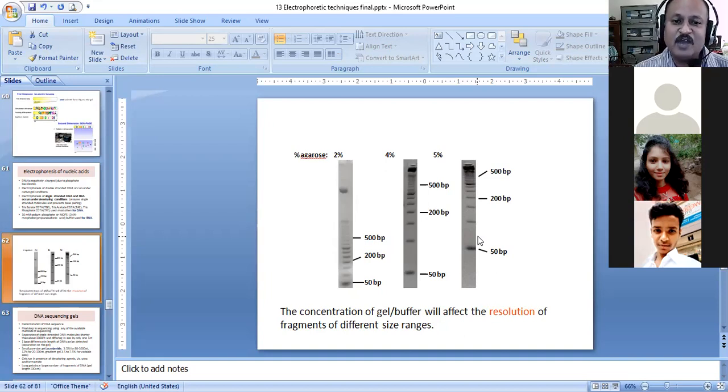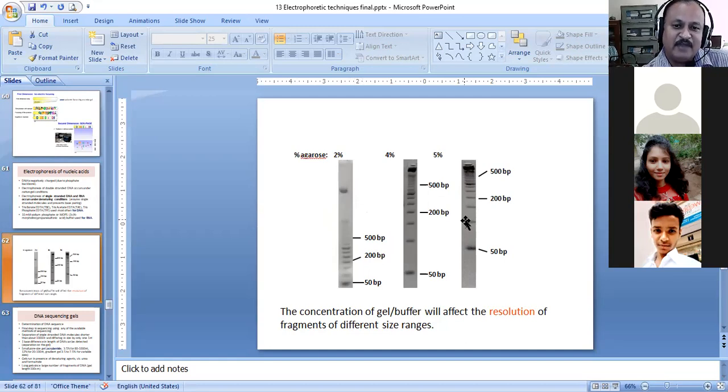So right now, for understanding purposes, we are not going to talk about the term porosity, but only about the pore size. At a low concentration, 2%, the pore size will be more. And when the pore size is more, we can expect that the size of the DNA which we can separate will be more.